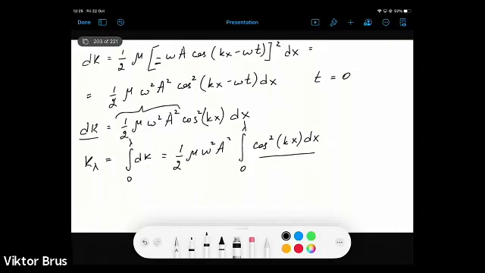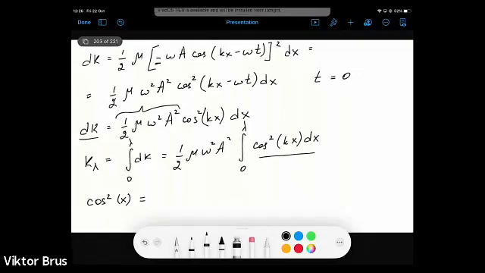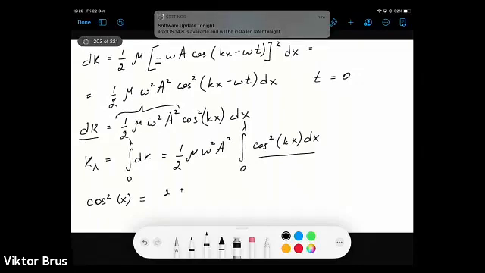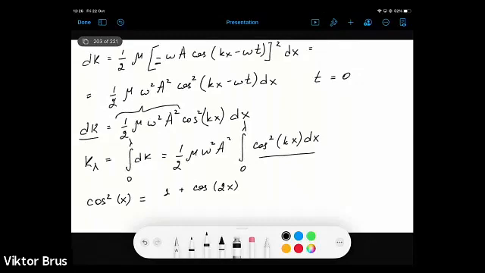So from the geometry, we can write that cosine square x would be expressed as 1 plus cosine 2x divided by 2.